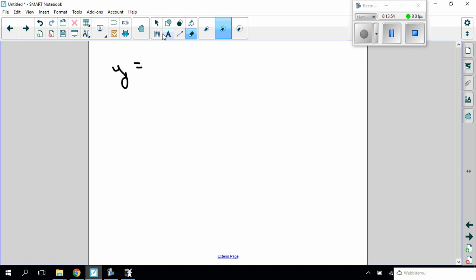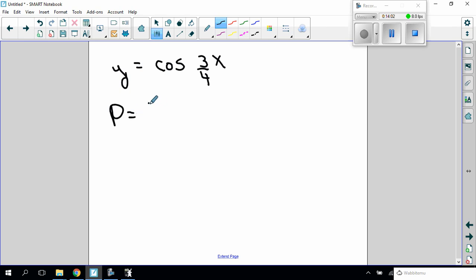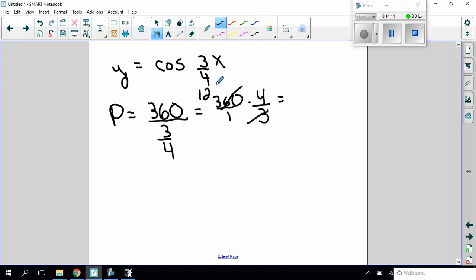Let's try that again. Cosine 3/4 x. The period is 360 divided by omega, which is 360 over 1 times 4 over 3. This is 120, and this is 480.